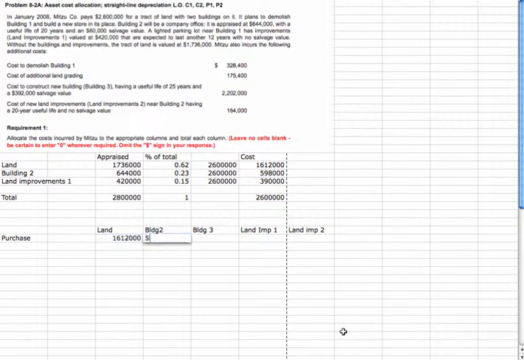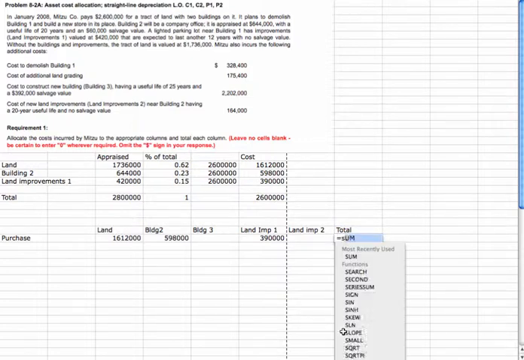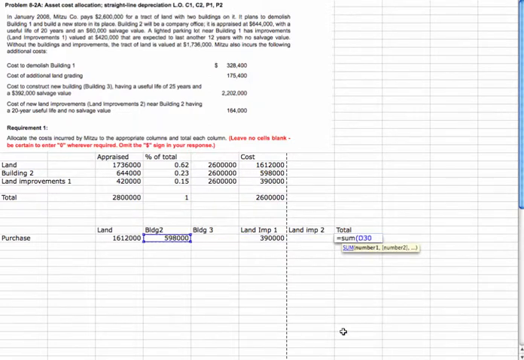I've got $598,000 to the building 2, and I've got $390,000 to land improvement number 1. Just to prove that this is correct, let's put a total here, and I can say, let's take the addition of all these cells. I get my $2,006,000. Okay?